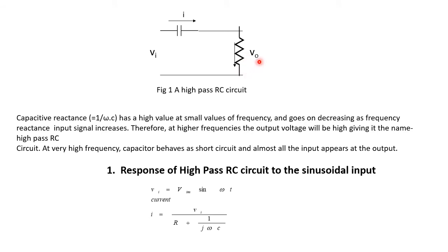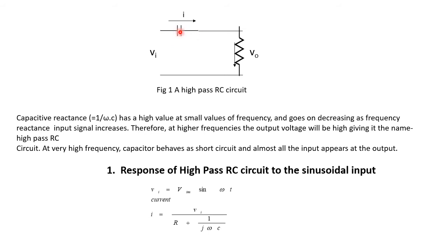And when the frequency of the input signal is excessively high, the capacitive reactance is almost zero, or it behaves as a short circuit. It appears as if it is directly connected to the other part of the circuit.